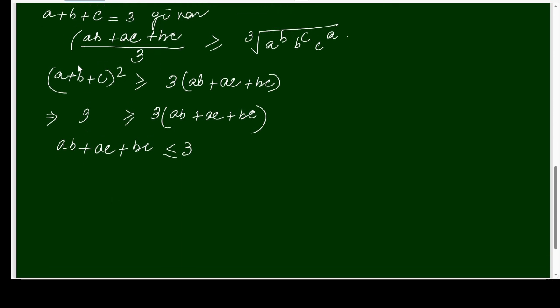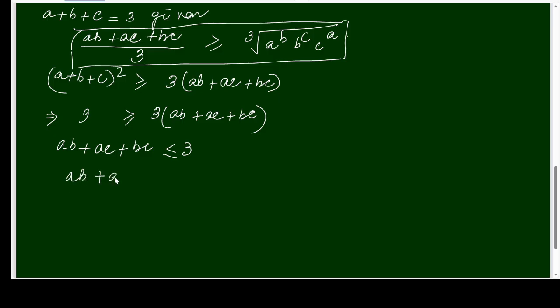Now we need this left side, so I am writing this step again. Just have a look. AB plus AC plus BC divided by 3 is less than or equal to 1.